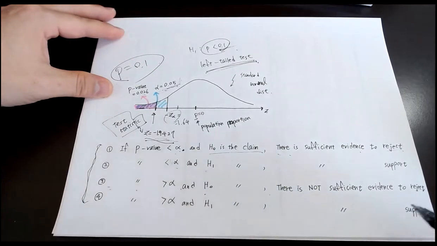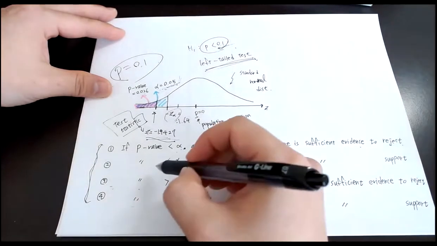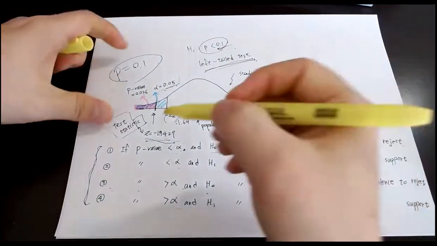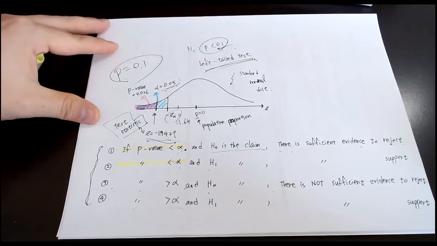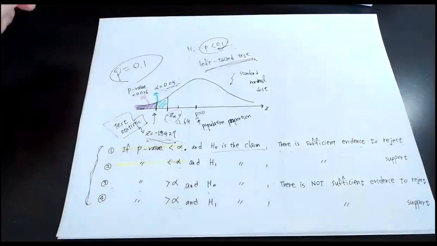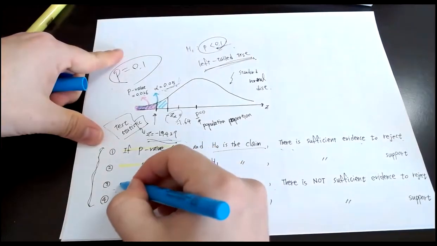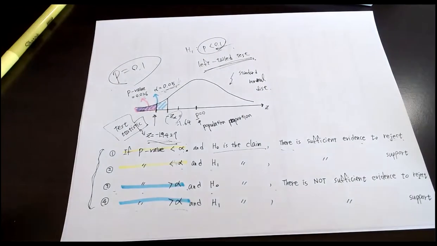So there is not sufficient evidence to reject the claim. In the first two cases, we reject H sub 0, okay? And in the other two cases, the p-value is greater than alpha, so we fail to reject H sub 0.